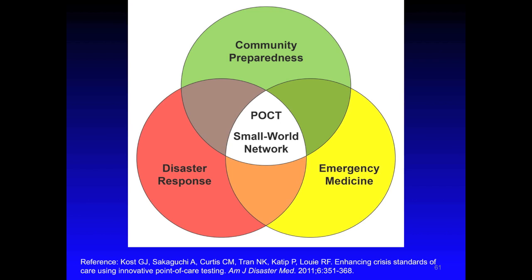For disaster response or emergency medicine on a daily basis, we really want to strategize point-of-care testing in the small world network, and by doing so, as you see in the center area, we also link community preparedness and therefore develop resiliency in the healthcare delivery system defined by the local geography and demography and resources available.